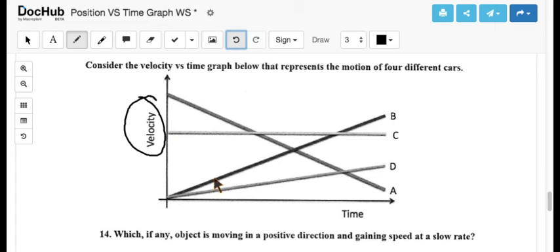So you can see, at this point, if I come over on the graph, I'm traveling slower than if I come up here and come across on the graph. So this one you can see the speed of this individual is increasing as time increases. This one, you can take a look at that one. And then D as well. So keep in mind that this one's velocity.